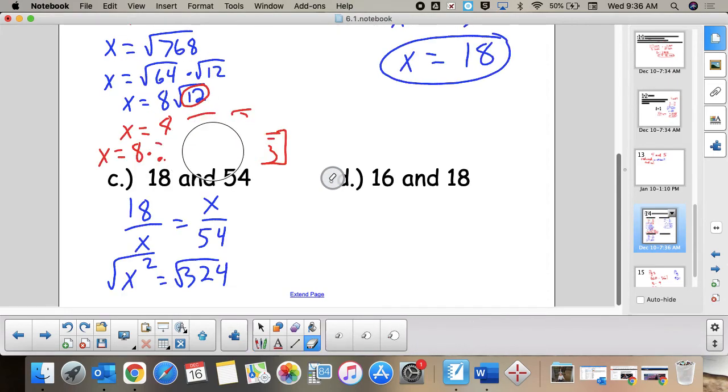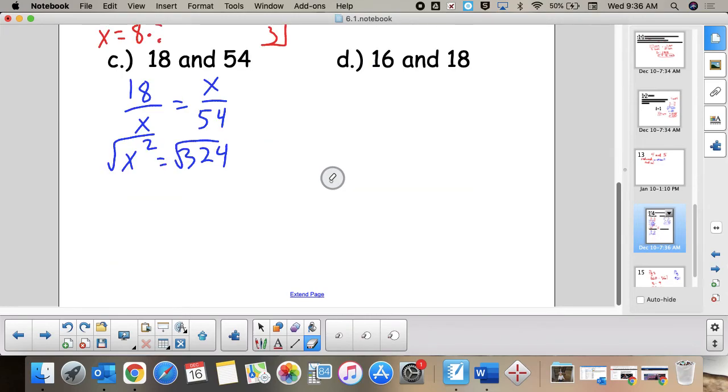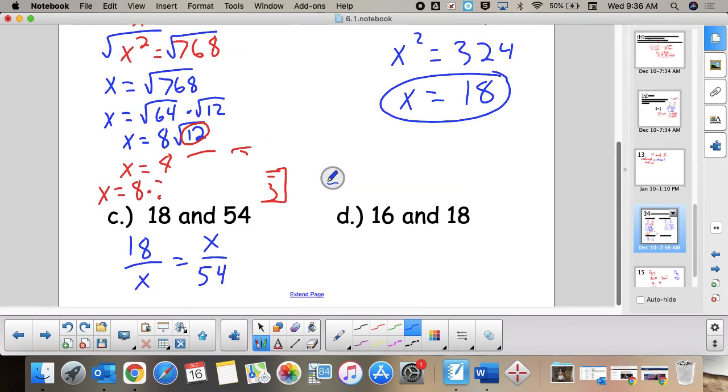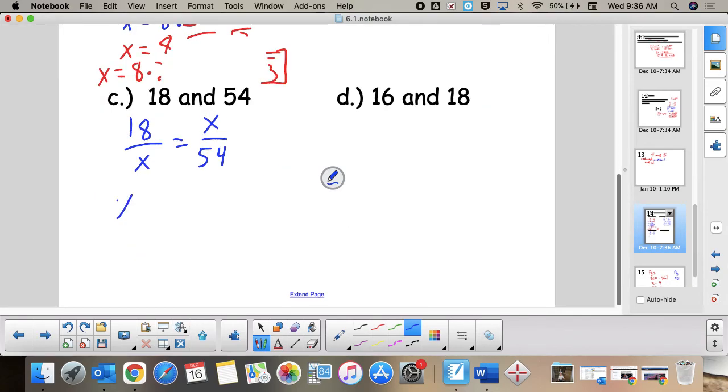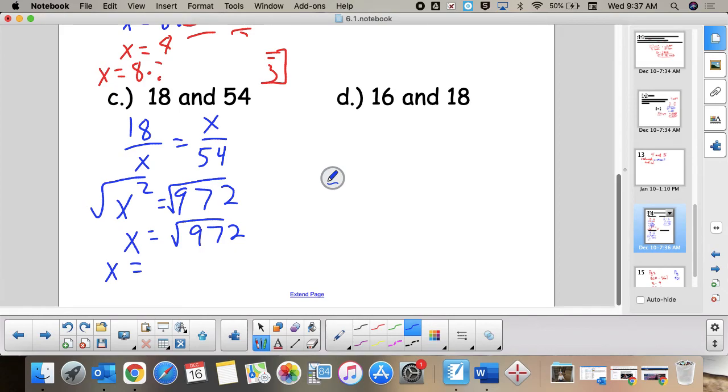My God. 972. Take the square root of each side. We found our perfect square to go into it was going to be 324. It was 324 times 3. And the square root of 324 we said was 18.